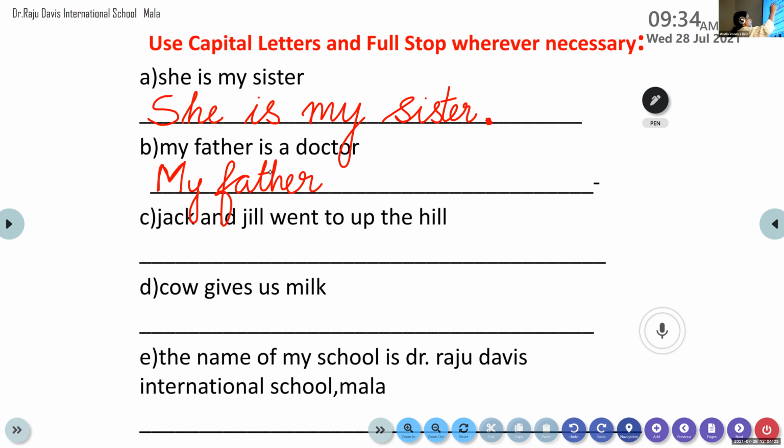Okay, my father is a doctor. So we already know the word doctor. Okay, so all of you please write it. D-O-C-T-O-R. Okay, then don't forget to place a dot at the end of the sentence to mark that the sentence is over. Okay, please do it.